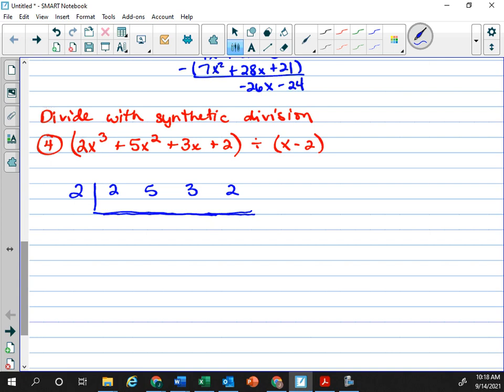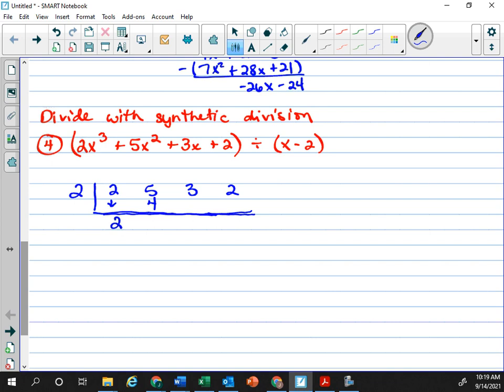Okay, so the way synthetic division works, you bring the first coefficient down, so the 2 just comes straight down. That's all I'm doing, I just brought this guy down, okay? You multiply that by what's outside of your weird little half rectangle here. So 2 times 2 is 4, and I write that under the next one. But this time, instead of subtracting, we add.